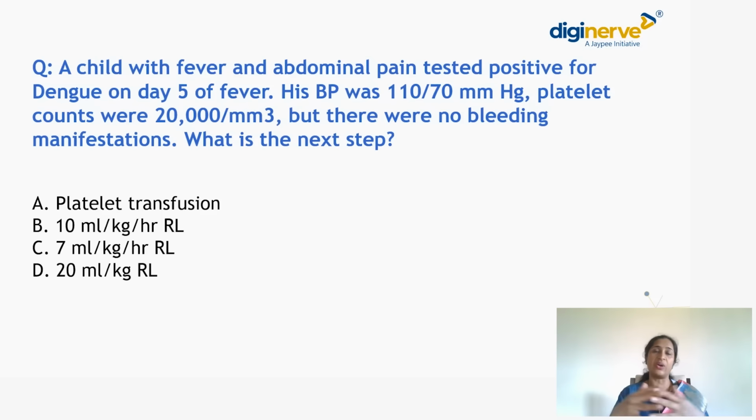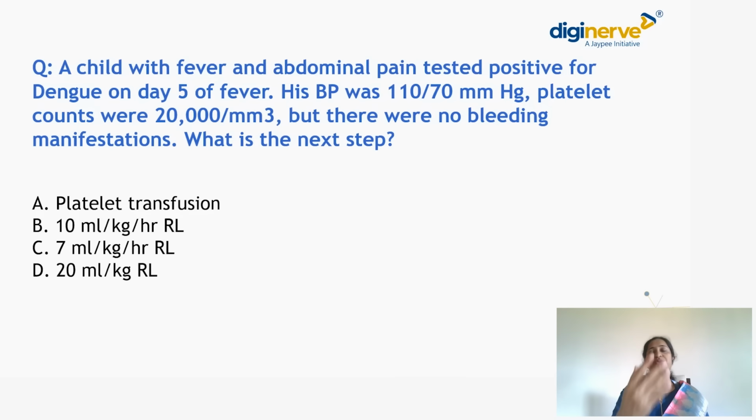Everywhere it can leak out and the blood can become thick. So, always give minimum fluid like 7 ml per kg per hour of ringer lactate for a child who is having normal blood pressure and in dengue with fever which is still present, so that the child, who will lose a lot of water in sweating because of the fever, does not have his BP start falling. So for that, 7 ml per kg per hour of ringer lactate will be correct.